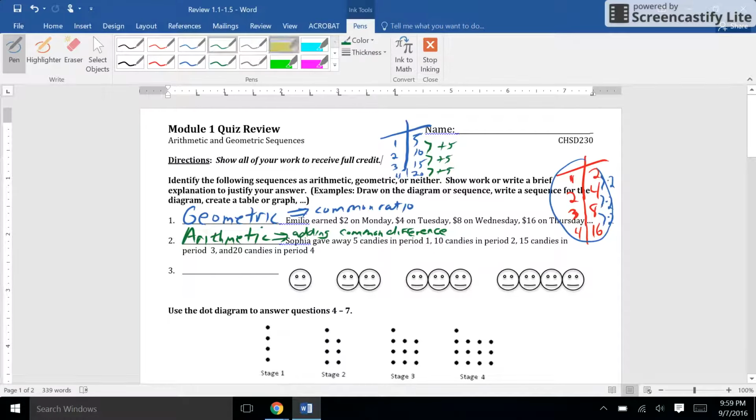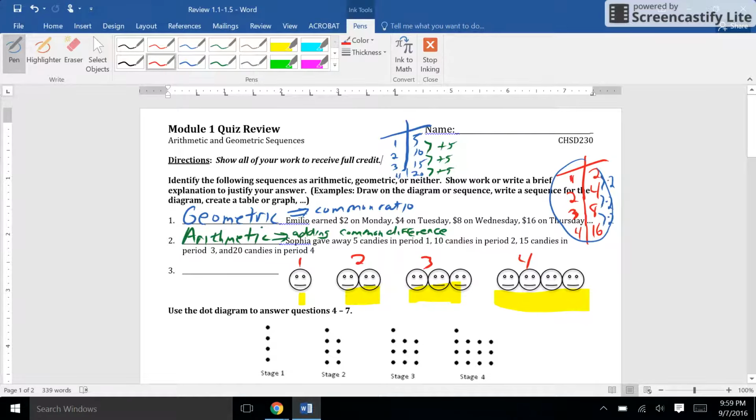So right here I got one smiley face, and I got 2 here, 3, 4. So maybe I'll just write above here, I got 1, 2, 3, 4. So what kind of sequence would that be? It's going up by 1 every time, right? How many more smiley faces are going to be over here?